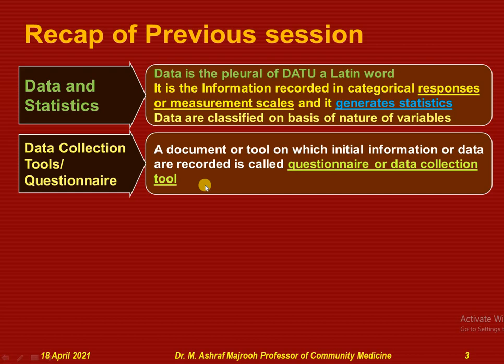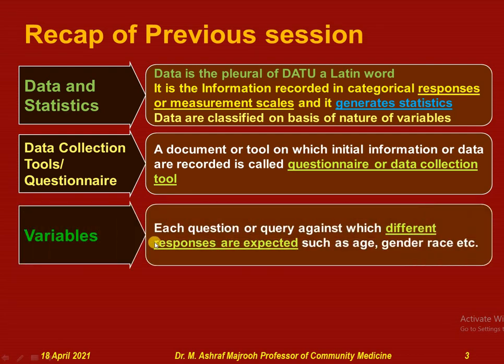Then we have the brief on the data collection tool from the previous session. A document or tool on which initial information or data are recorded is called a questionnaire or data collection tool. We will give you an example of this data collection tool and segregate the variables. Now, what is a variable?